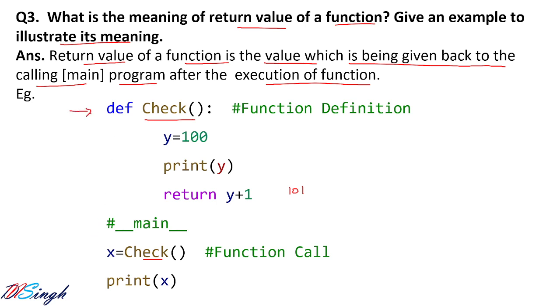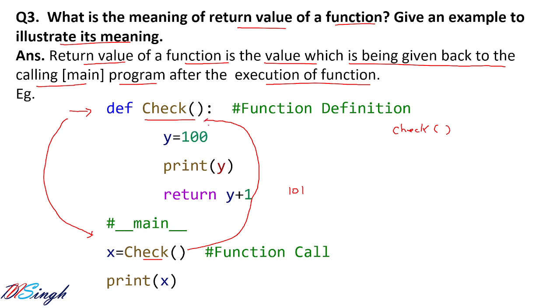First, execution starts from here, and the interpreter will make an entry that there is a function called check inside memory, and jump next to main. So here it comes, and the first instruction is a function call to the check function.